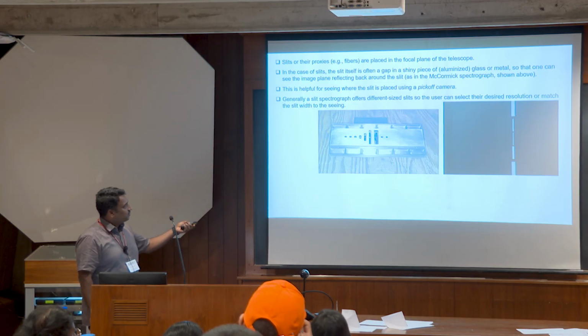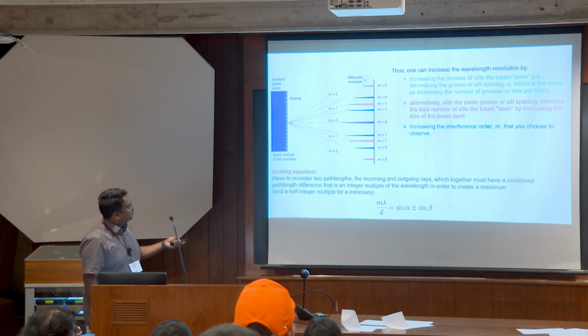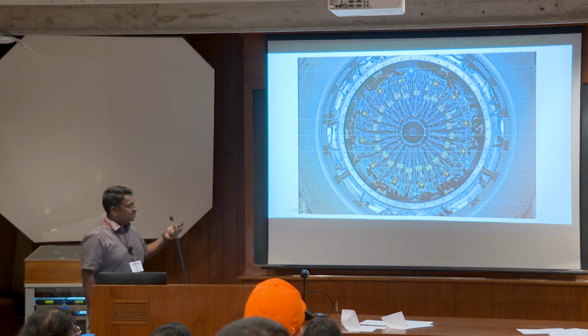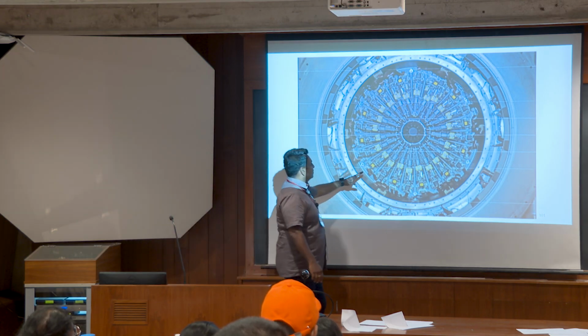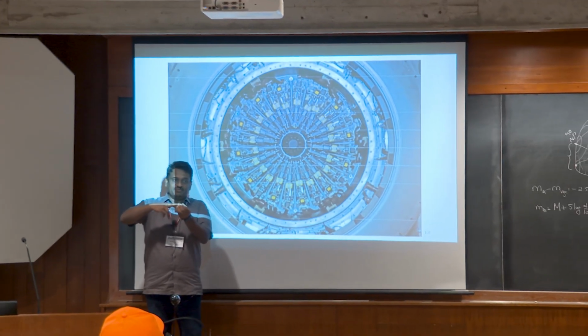I can even use multiple slits like this, right? Let me see if I can show it. Yeah, so this is one such instrument. All these are actuators. Actuators mean arms which hold the fiber.